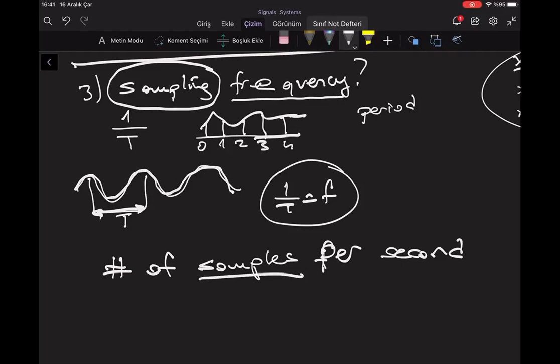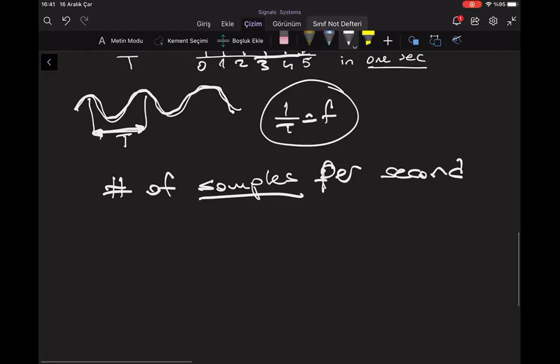For example, if I have these 6 samples in 1 second, I collect this, and what is my sampling frequency? Six. Are you sure? How do you determine? Let me give you again. This is my signal.